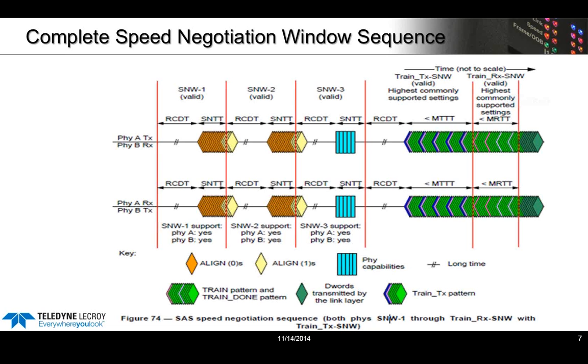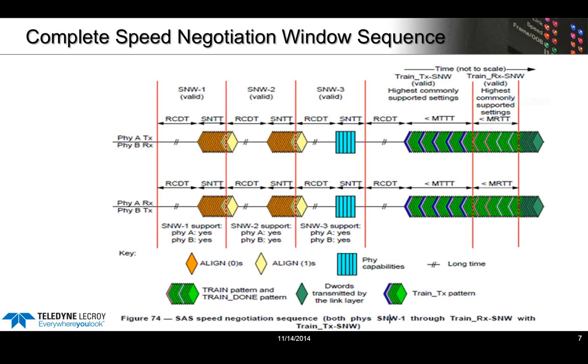Now with Gen 4, between these possibly several bursts of train primitives and scrambled zeros for the receiver training, we actually have this active back channel training. And that's indicated by the purple and dark blue areas interspersed there between the green, which is the train pattern and the scrambled zeros.